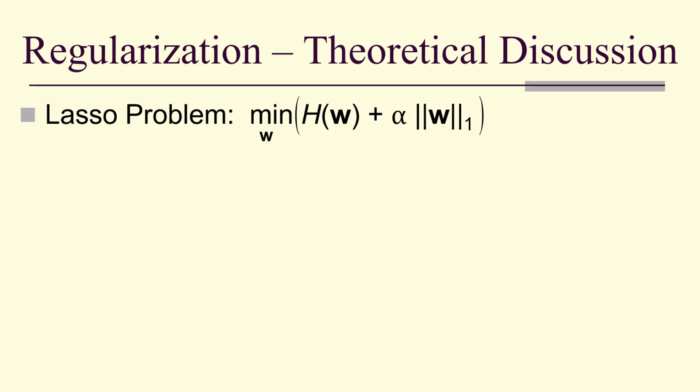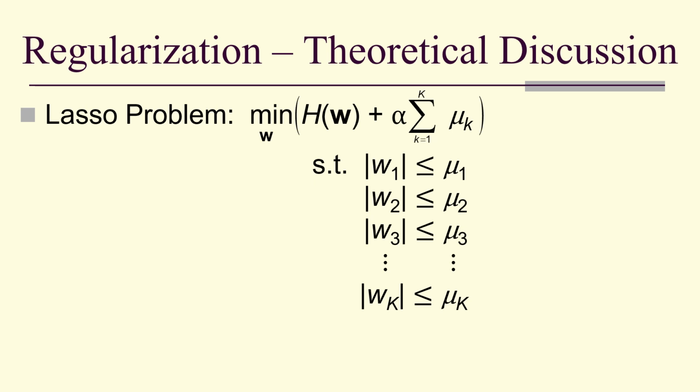So suppose we have this lasso problem. Notice that we've got the one norm of the weight W at the end, and that's equivalent to simply taking the sum of the absolute values of the weights themselves. But we can actually replace those absolute values by these mu's, and then minimize such that these absolute values have to be less than or equal to the individual mu values.